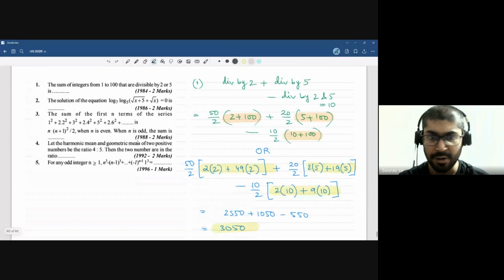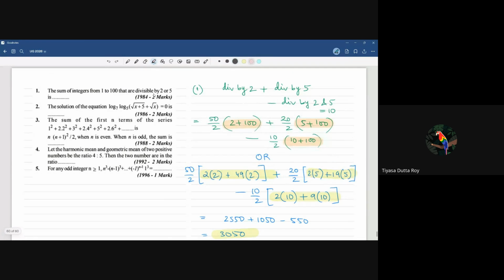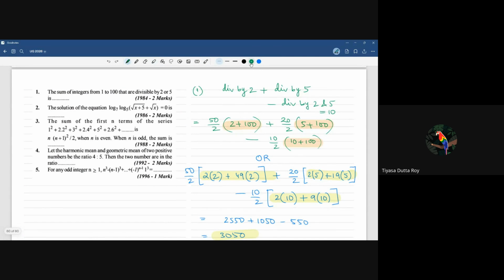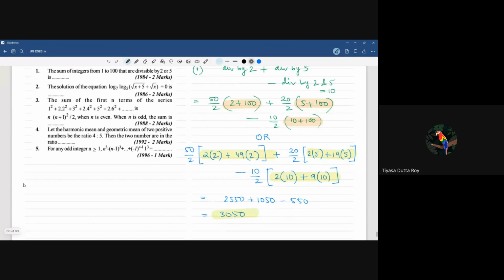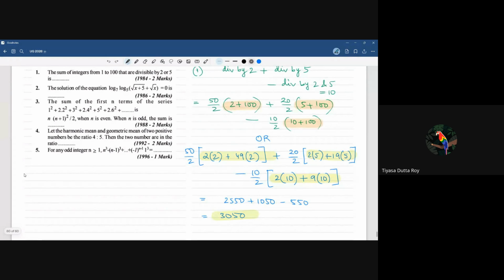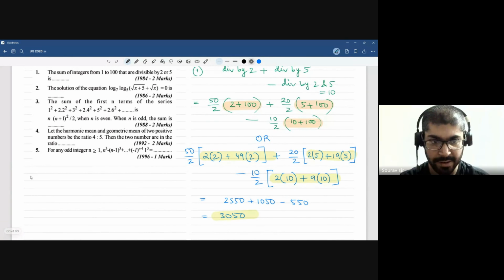All right, then go for number 2. Is the next one 4? X equals 4. 4 is fine.